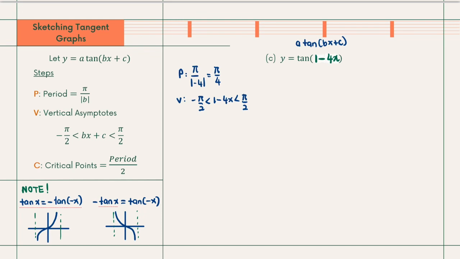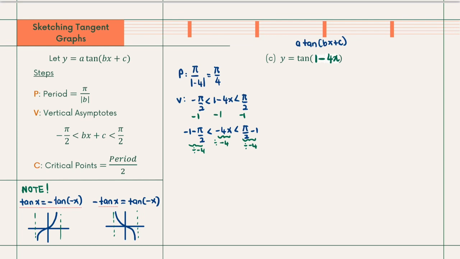So, first of all, kita akan tolakkan dengan satu untuk ketiga-tiga bahagian ini. So, I have negative 1 minus pi over 2 less than negative 4x and less than pi over 2 minus 1. Okay, kemudian kita akan bahagikan dengan negative 4. So, remember, kalau dibahagikan dengan negative 4, negative number, so dia punya sign akan bertukar arah.